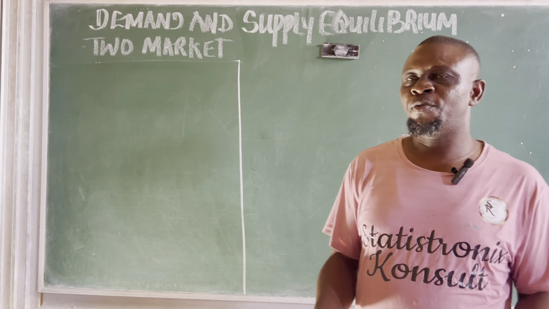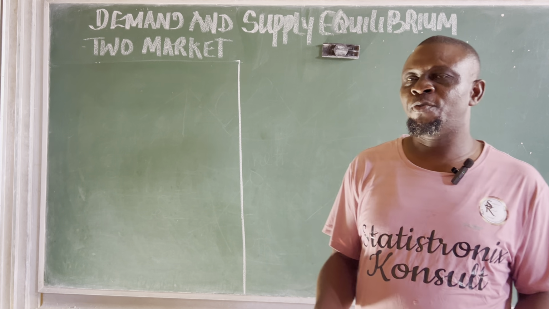Now, in the second market, let's call it market 2, we are also given that quantity demanded is equal to 88 plus 2 PB minus 10 PP.